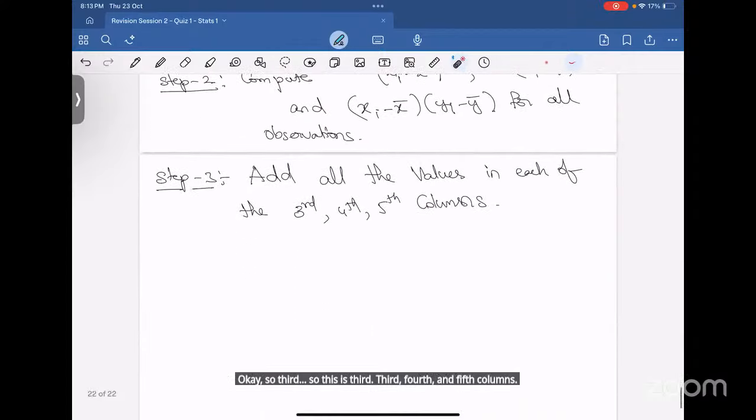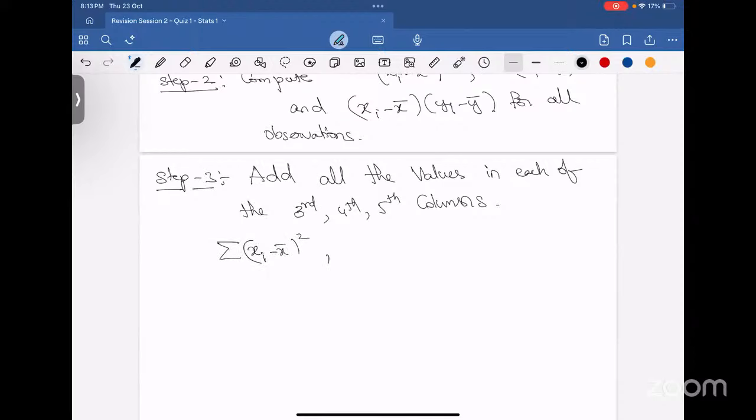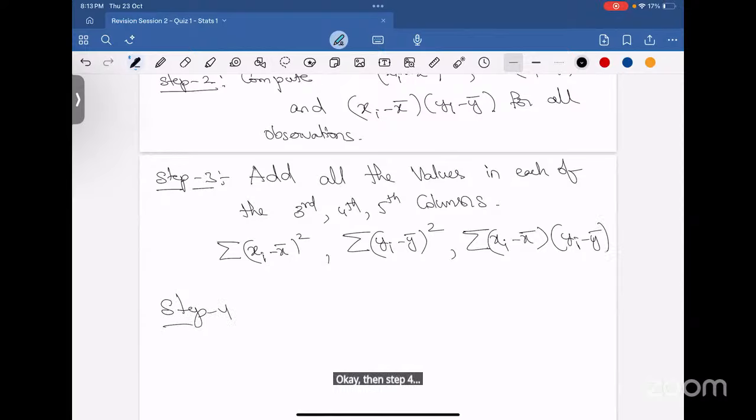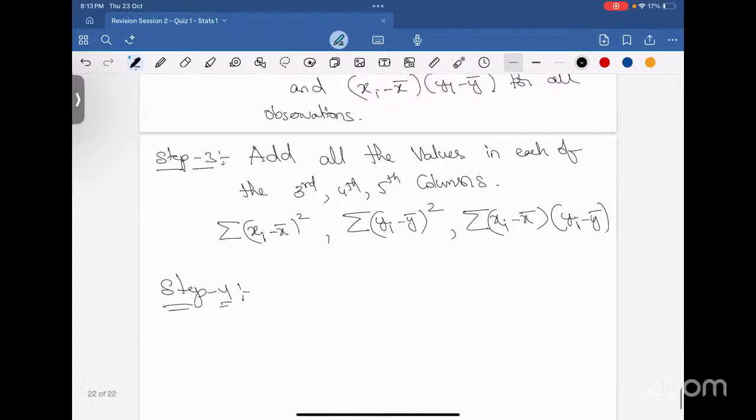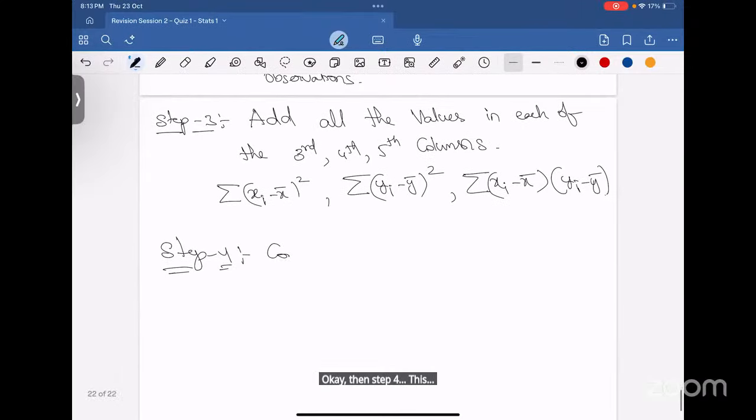Add all the values separately, which will give us this. Okay, then step 4 is compute the correlation coefficient.